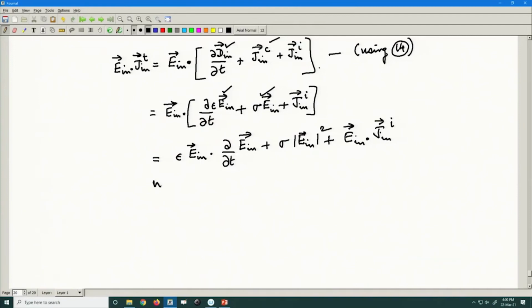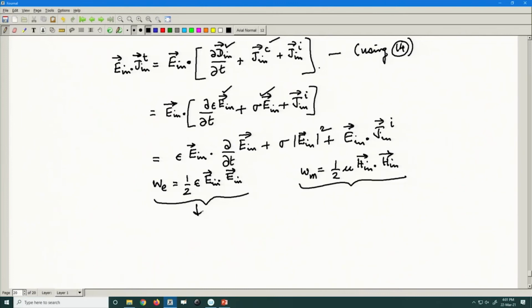Now, the terms W e as half epsilon E in dot E in, this term, and W m as half mu H in dot H in, these two terms can be identified as the electric stored energy and the magnetic stored energy of static fields.